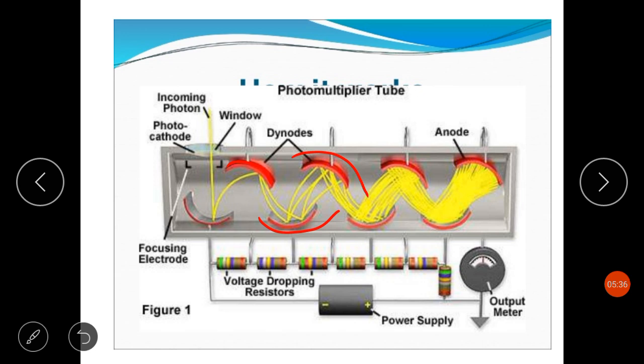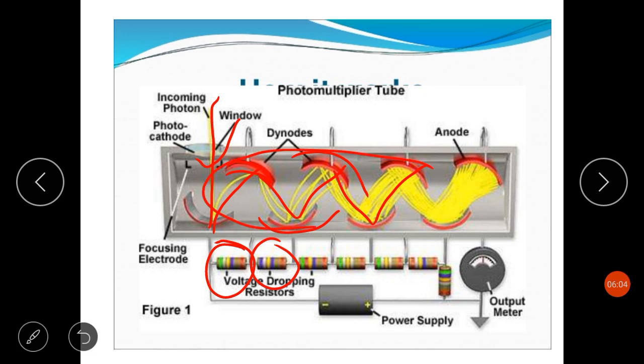Because of these dynodes, the primary electrons emitted initially because of the incoming light get multiplied, or amplified, through the emission of secondary electrons. These voltages are used for accelerating the electrons, and finally the amplified number of electrons gets collected by the anode and forms the electric current. This is how photoelectric current gets amplified in the photomultiplier tube.